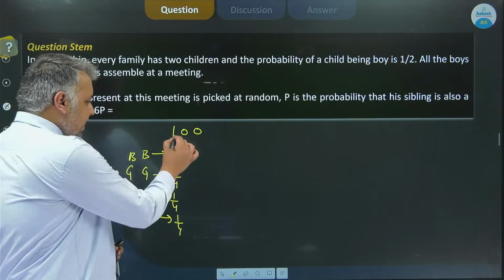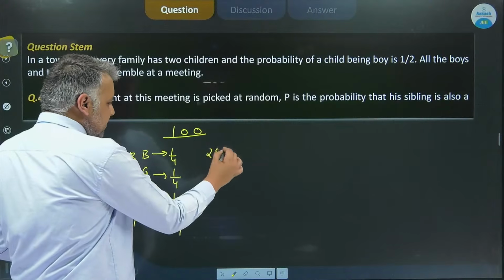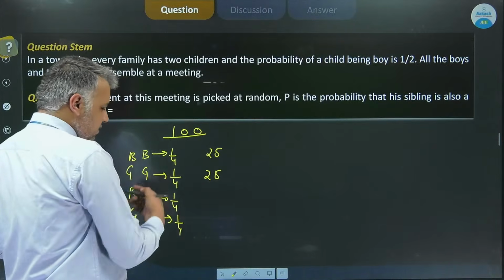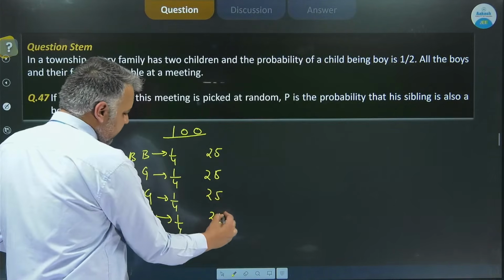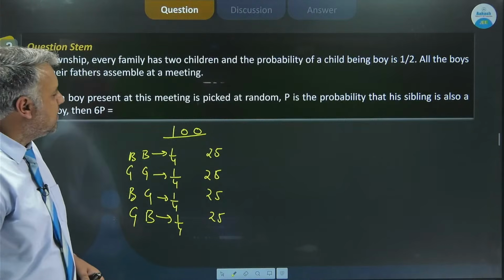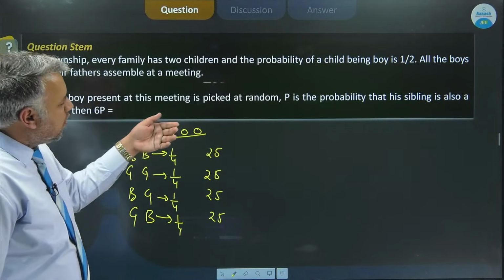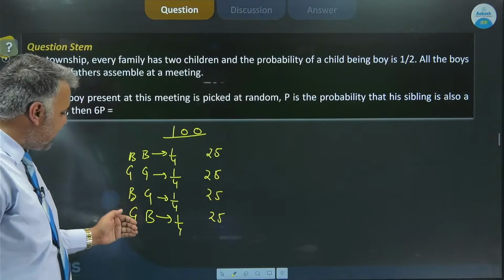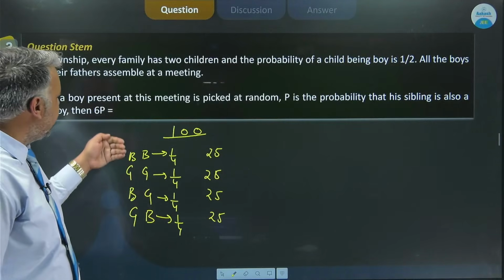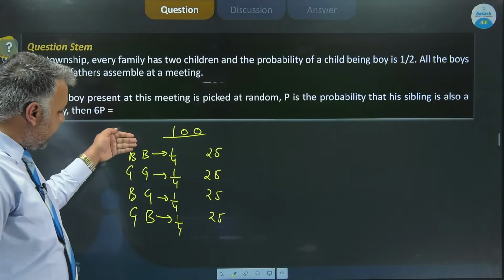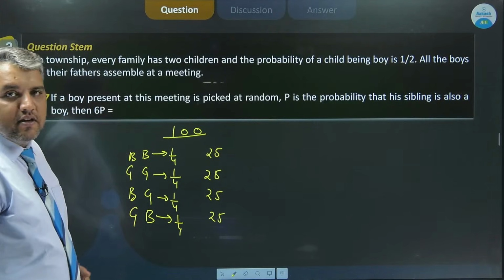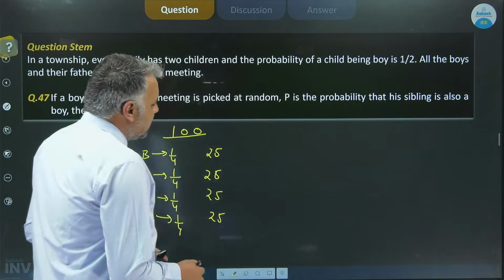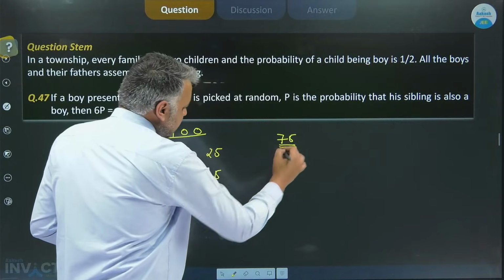So we can say if there are total 100 families, so 25 families will have 2 boys, 25 families will have 2 girls, and 50 families will have 1 boy and 1 girl. So if we invite all the boys with their fathers, that means we are going to invite actually 75 families in the meeting. Because there are exactly 75 families which have at least 1 boy in the family. Okay. So there are total 75 families.